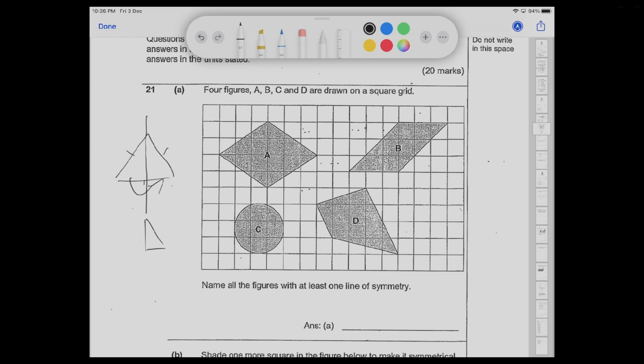If it fits exactly, then this line here is the line of symmetry. So when you fold it in half and it fits perfectly, you want to name all the figures with at least one line of symmetry.